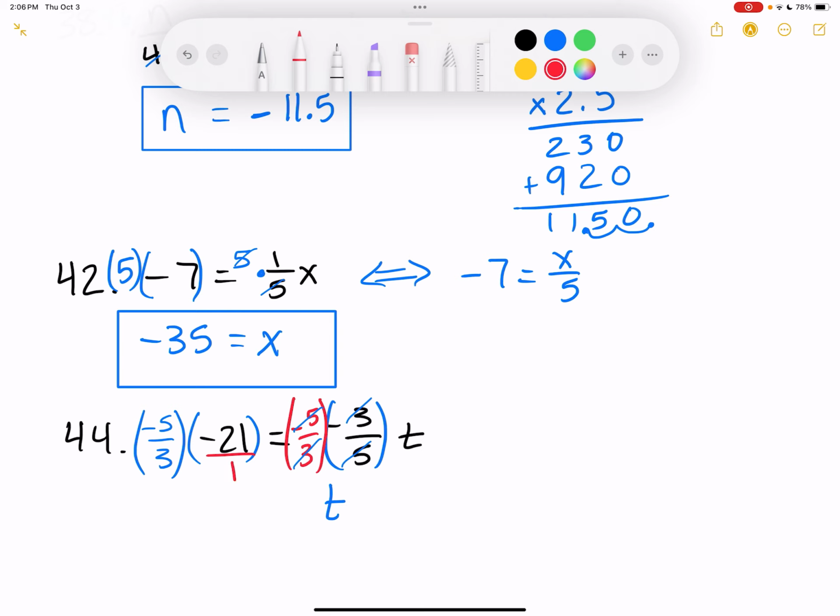Then I see multiplying, I would reduce this 3 and this negative 21 to become a negative 7. So now I have negative 5 times negative 7, which is 35. So 35 is equal to t.